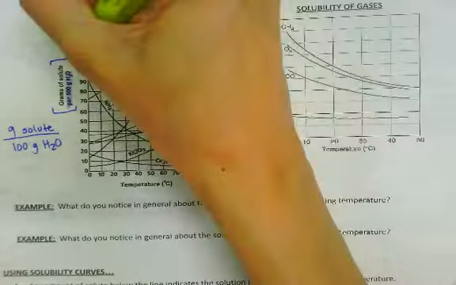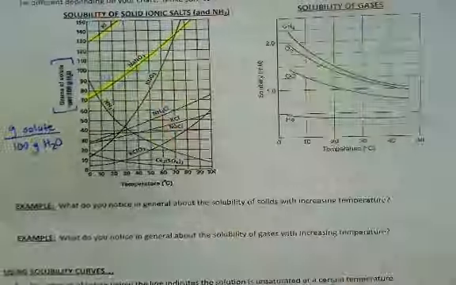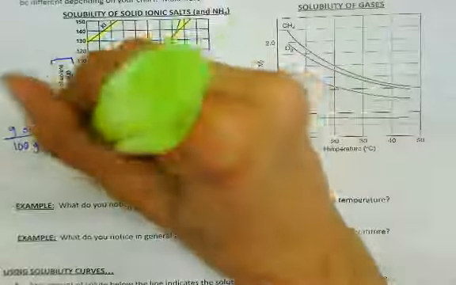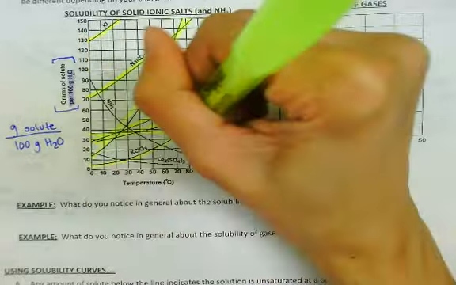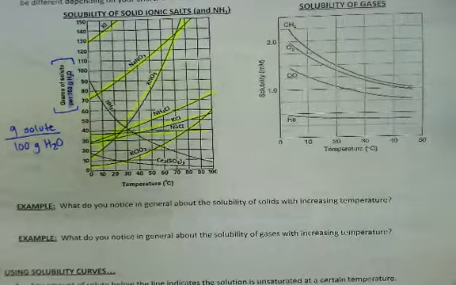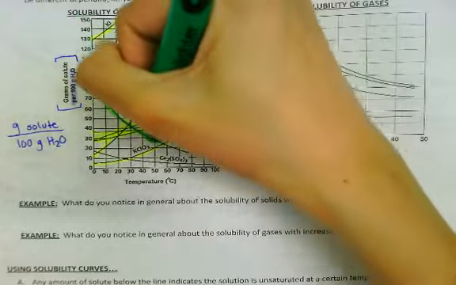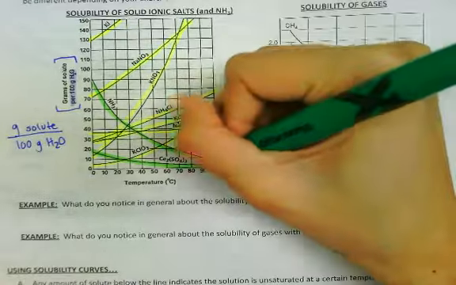So I notice I've got a positive slope for a lot of these guys here. See all those? And I've got a negative slope for NH3, this ammonia here, and then this cesium sulfate.